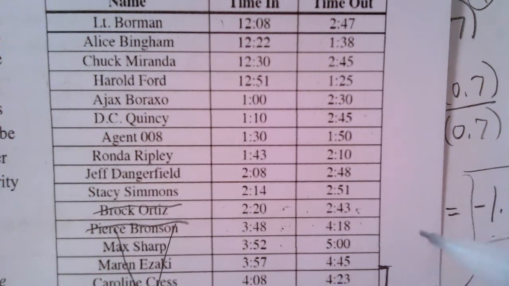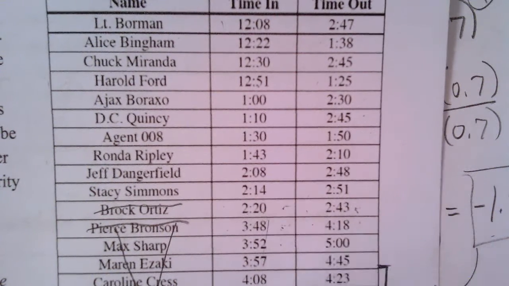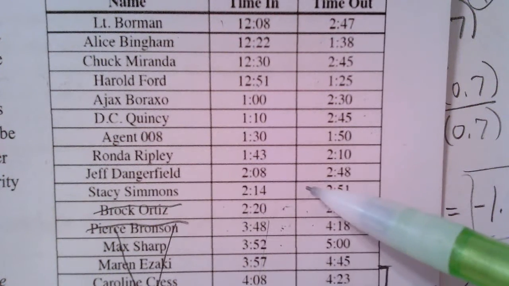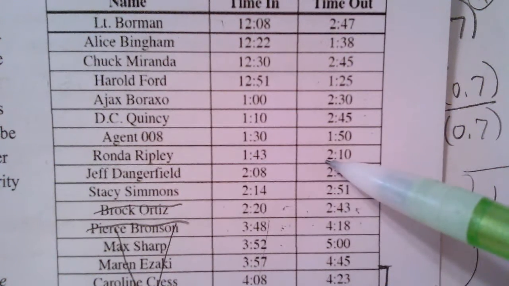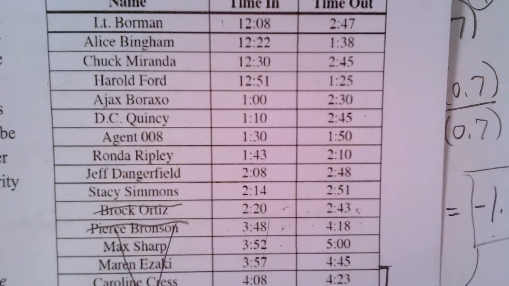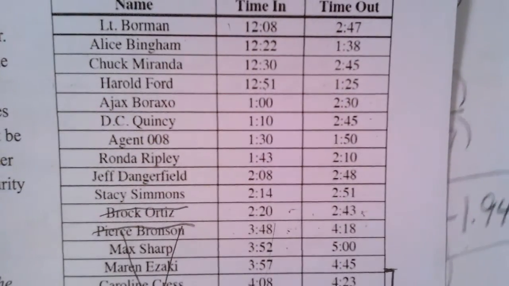So we're kind of in an awkward position here, where all of these people showed up after he was killed, and all of these people left before he was killed. So nobody was in the building except for 2 people.